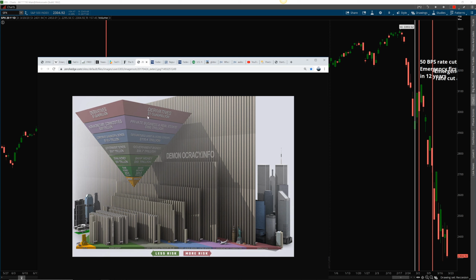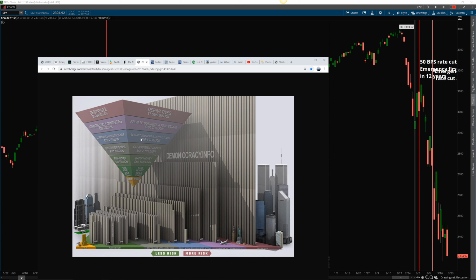There are an estimated, I can't imagine this number, $1 quadrillion of derivatives. This is the problem with the financial system right now, and why the Fed is putting in so much money. There is $1 quadrillion of derivatives. Inside of that, there is $300 trillion worth of private businesses in real estate.